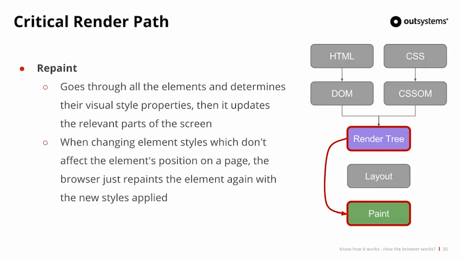It will not change the width and that kind of thing about the element. So it will only paint this element. It will not paint the other elements. So the big difference between the reflow and the repaint is that the repaint only paints the element that we changed, and the reflow will paint all the elements around this one. So it will be much more expensive.